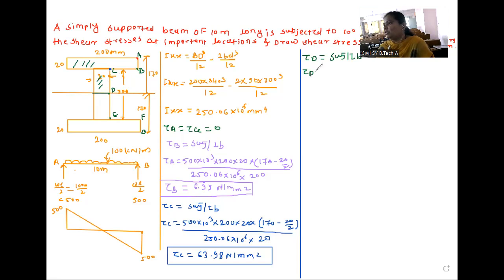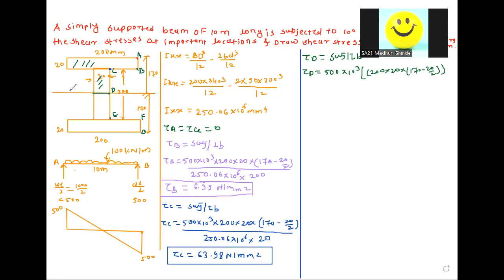Tau D is shear force 500 into 10 raised to 3. Now we have to consider two areas. First we take this 200 strip: 200 into 20 into the centroid, the same 170 minus 20 by 2. This is for the first strip.